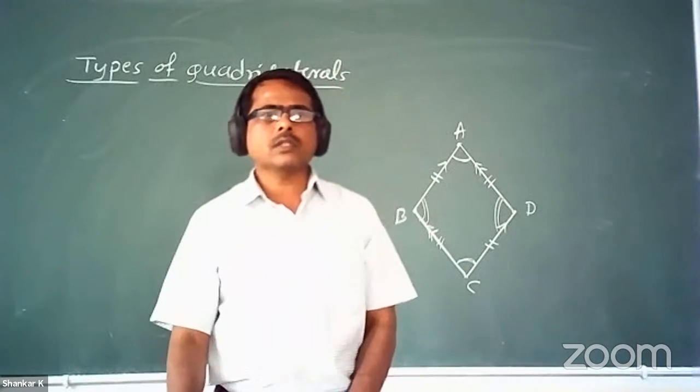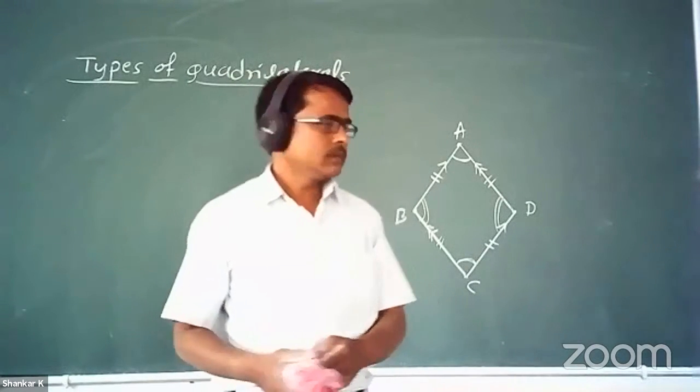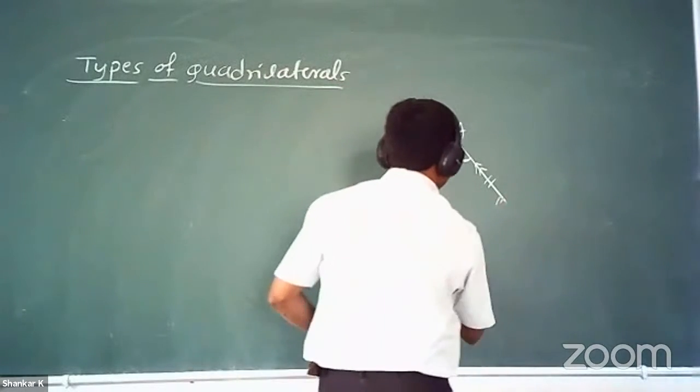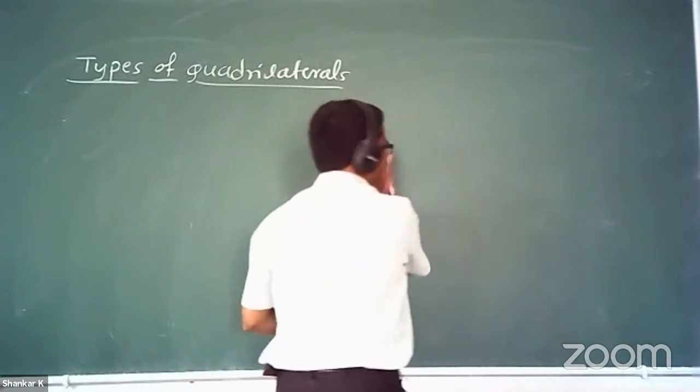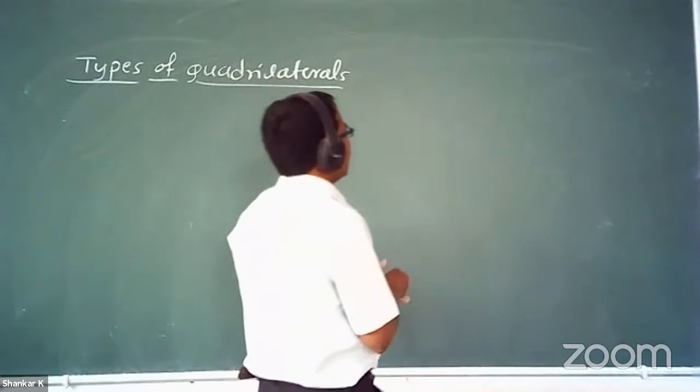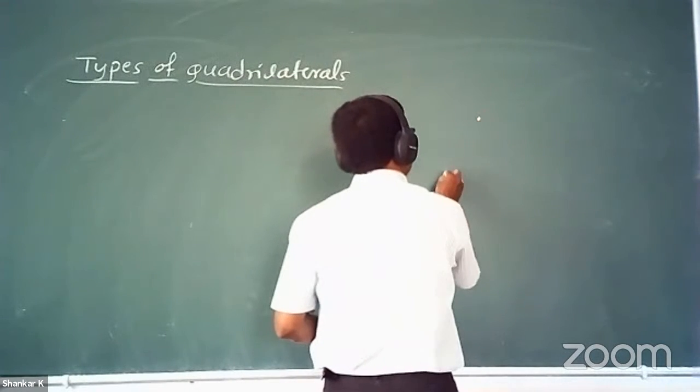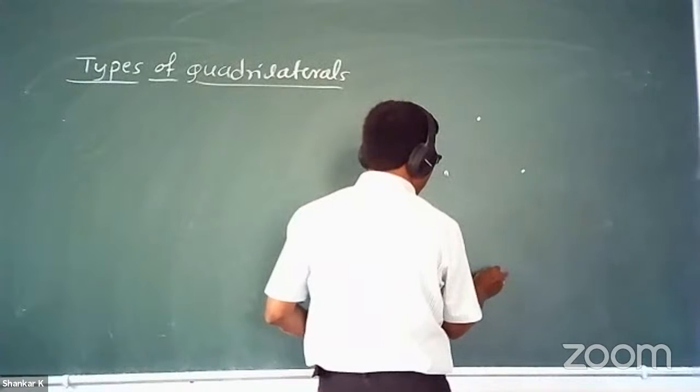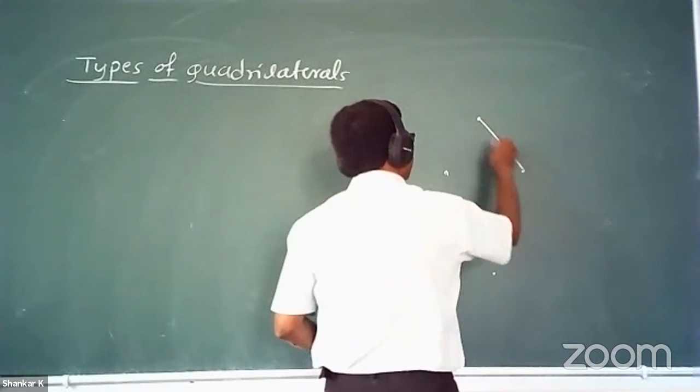But a kite is not a parallelogram. You have already studied the kite and also you have played with a kite. So a kite is also a quadrilateral. It looks like this.